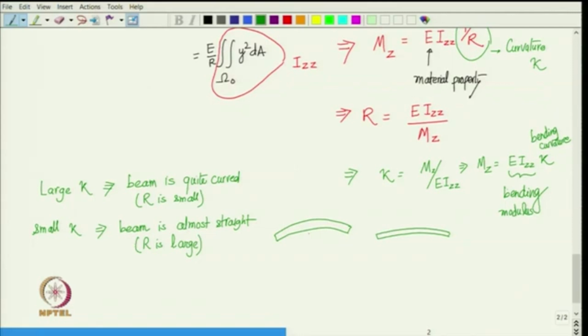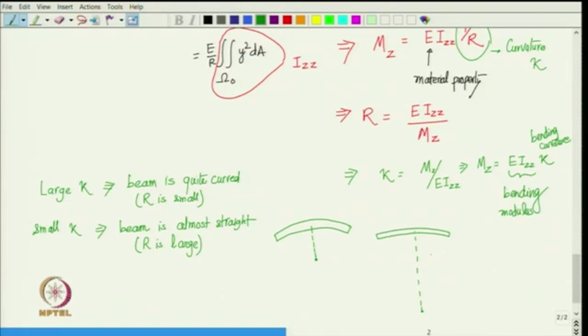So, in the first case, since it is very much curved, the radius will be small. So, its radius would be somewhere over here, whereas in the second case the radius would be quite large. And if it is flat, then the radius is infinity.